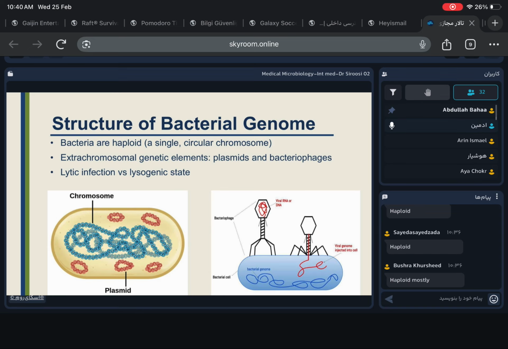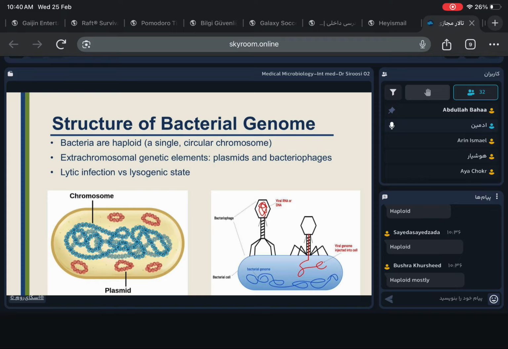The bacteriophage attaches to a bacterial cell and it injects its genome into the bacterial cell. And after injecting its genome, sometimes the bacteriophage genome starts to replicate inside the bacterial cell.